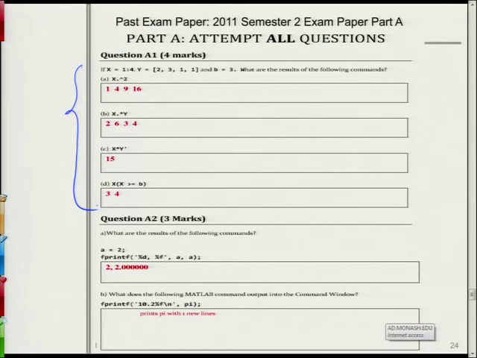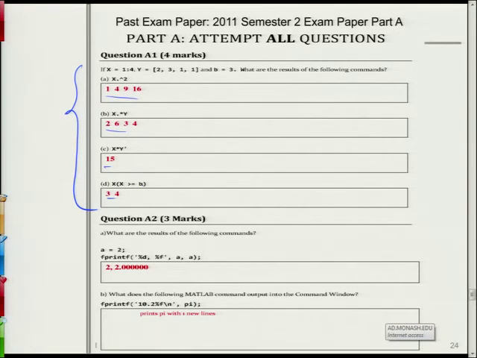Can you see it? Basically, in A1, the red part is the solution. You can ask me which part you want me to discuss.